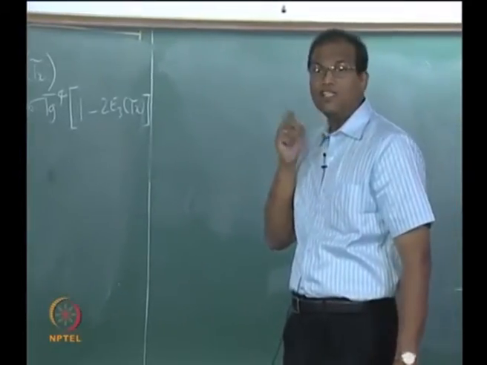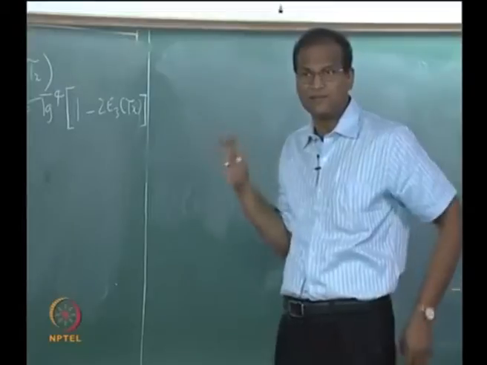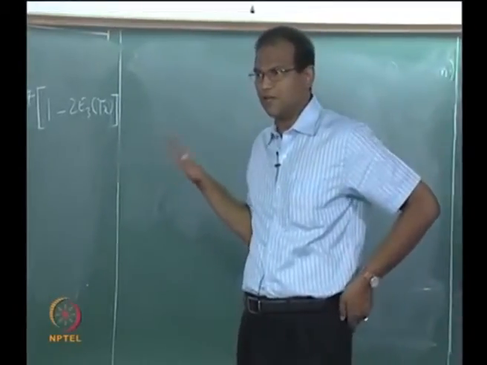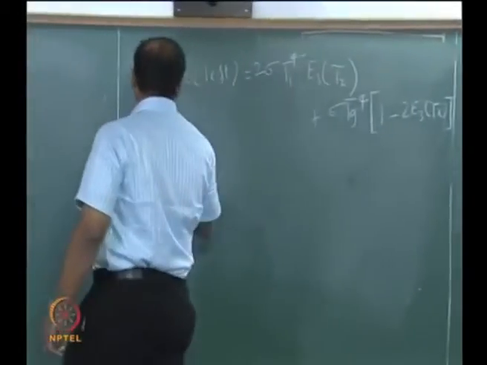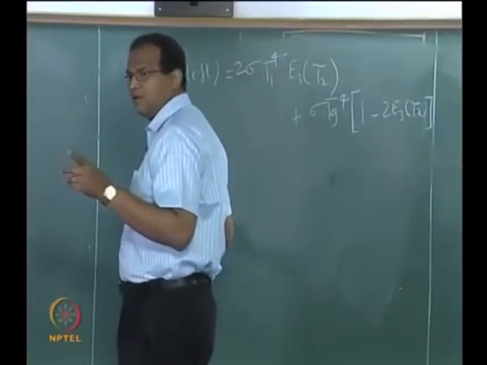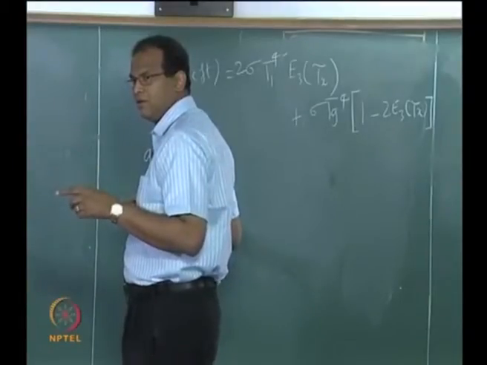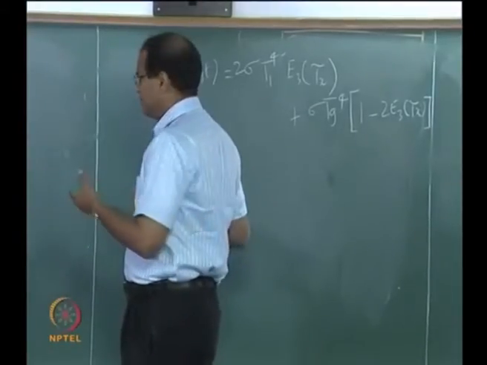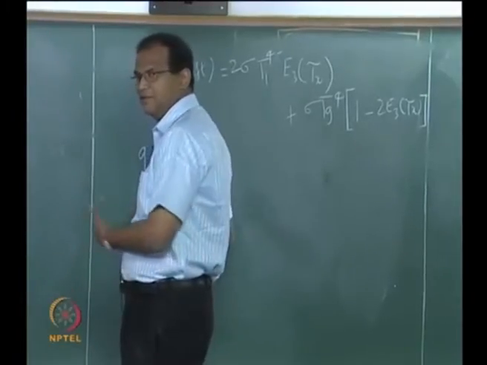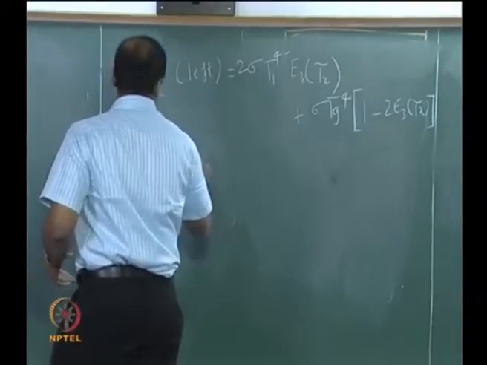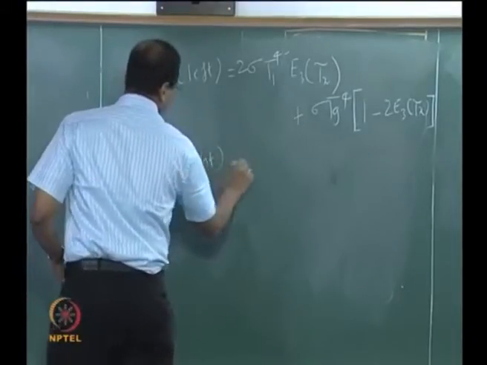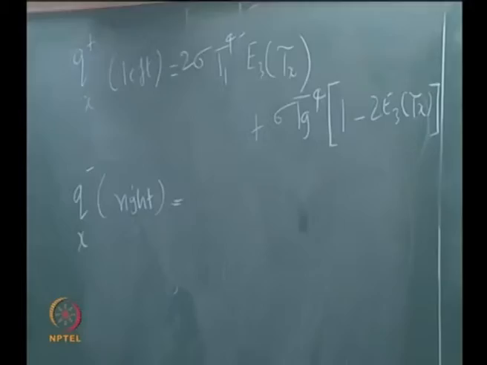Okay. Towards the end we will say that it is optically thin gas and then use the small tau approximation. Now we will give the general solution. Now what is the Qx? Okay, 0.1 only, otherwise you stick with this. So let us look at the Qx minus from right side, epsilon 2 sigma, very good, 2 sigma.